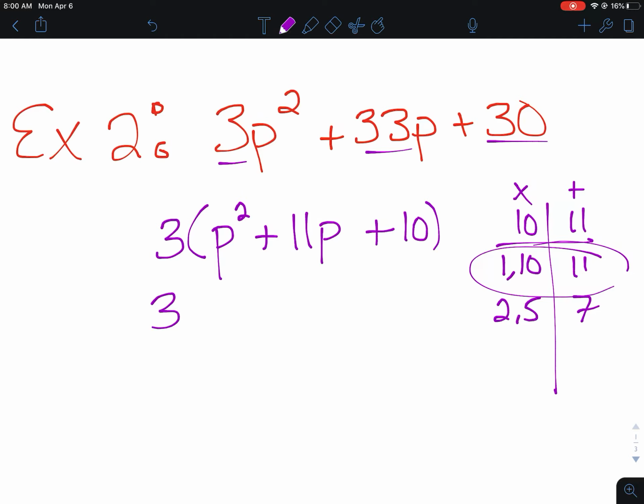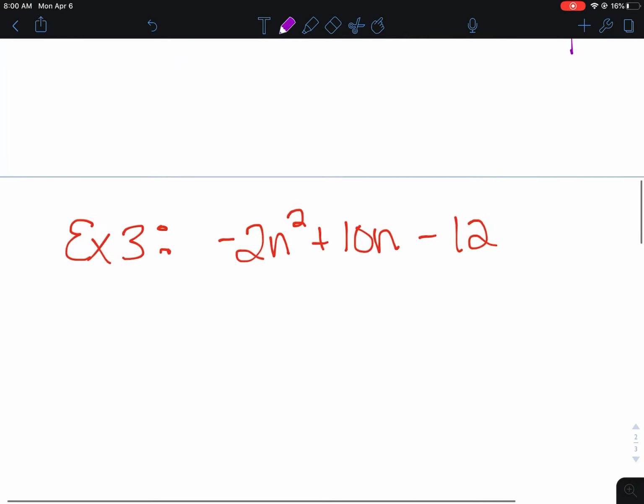Looks like 1 and 10 is the solution. So 3 stays out front, and then my fully factored answer is p plus 1 and p plus 10 after that. Okay, making sure that all the factors always go in parentheses. 3 doesn't have to go in parentheses because it's in front of the parenthesis and it's only one term.